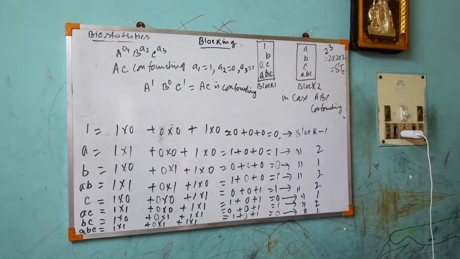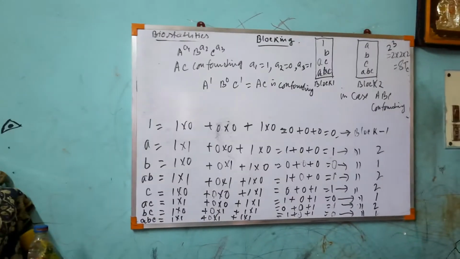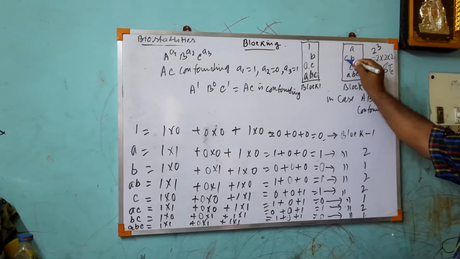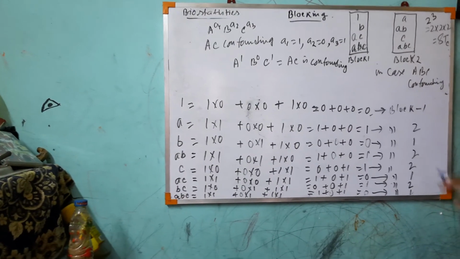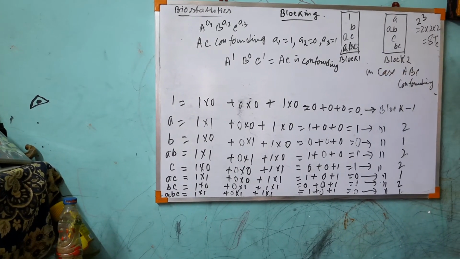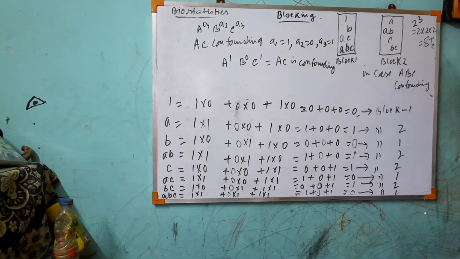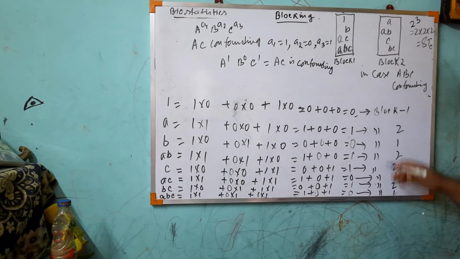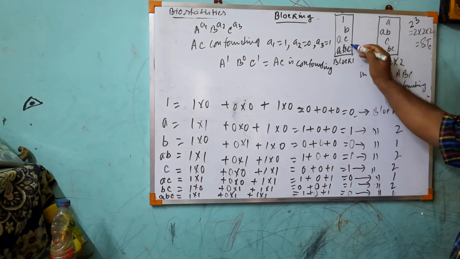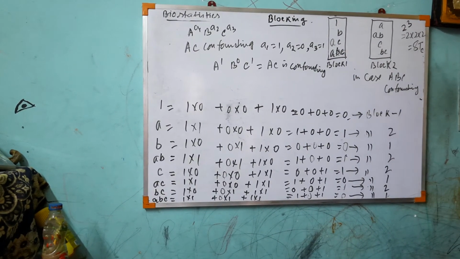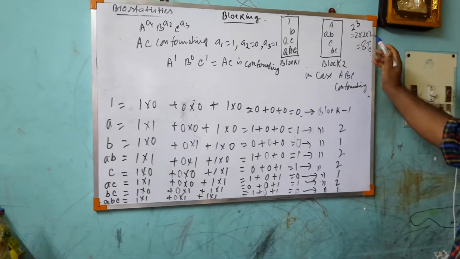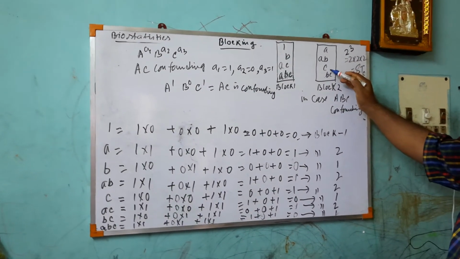Now block 2 elements will be A, AB, C, then BC. This is the block 2 elements. So block 1 elements are 1, B, AC and ABC, and block 2 elements are A, AB, C and BC.